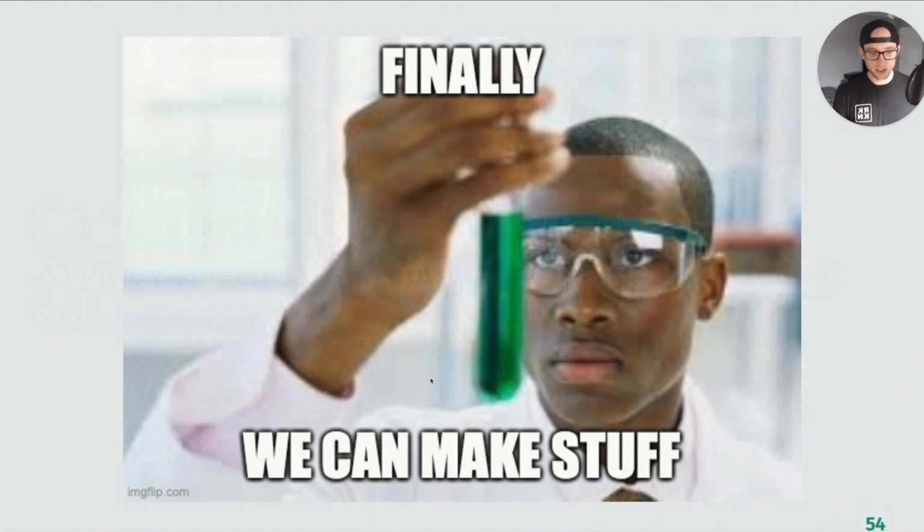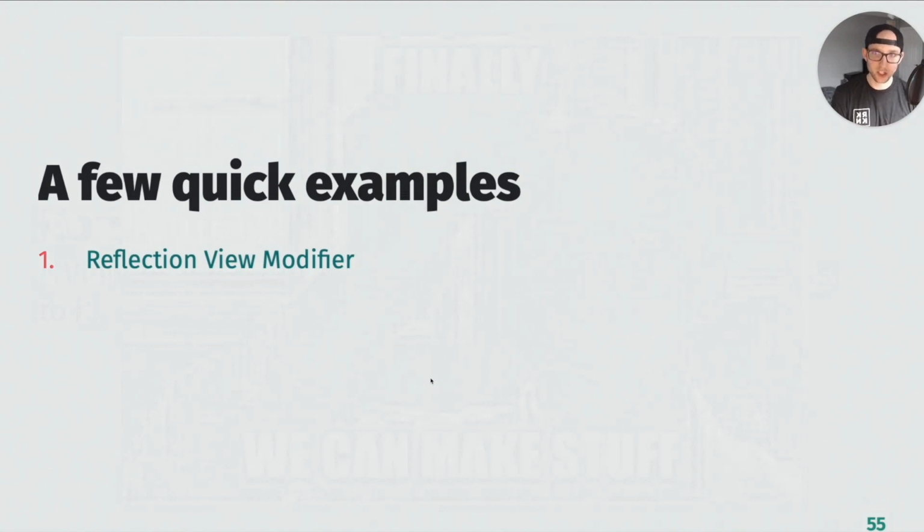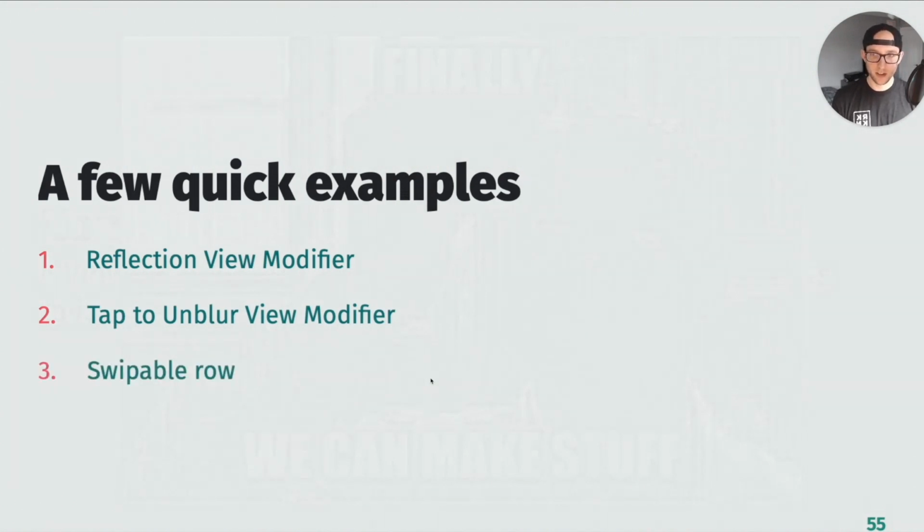So let's make some cool stuff with view modifiers. So we're gonna make a reflection ViewModifier, and then a tap to unblur ViewModifier, and then a swipeable row ViewModifier. I don't know if I spelled that right.